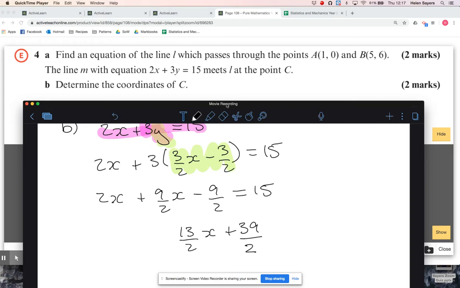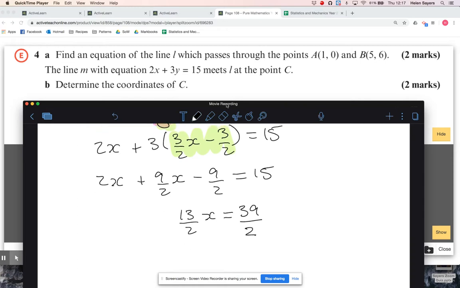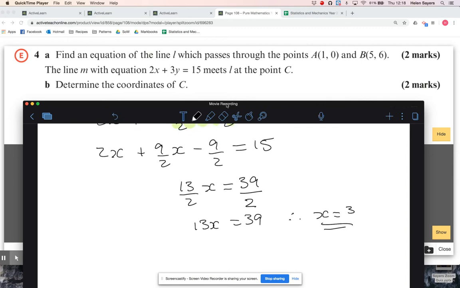You could just multiply through by 2 previous to this, if you wanted, just to get rid of the fractions. But if I multiply through by 2 now, and then divide through by 13, I'm going to get x equals 3. It did not say x had to be an integer. Don't get put off if you're happy with your working and you don't get an integer; it doesn't mean something's gone wrong.